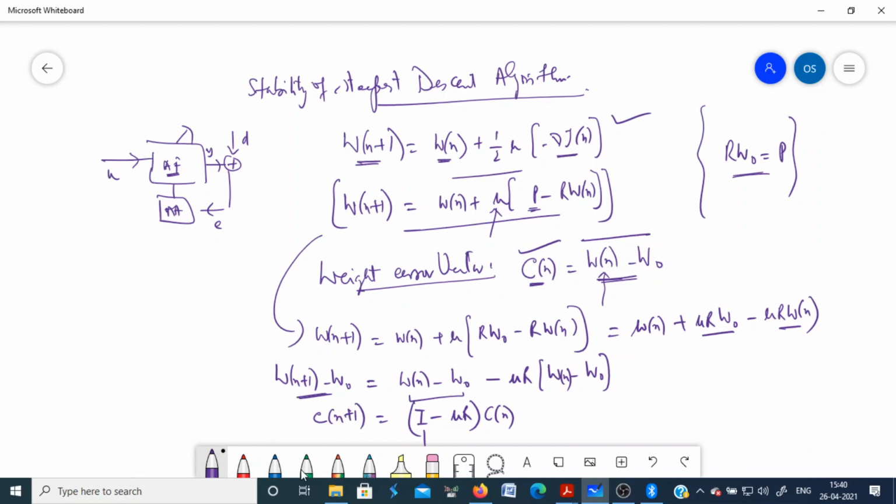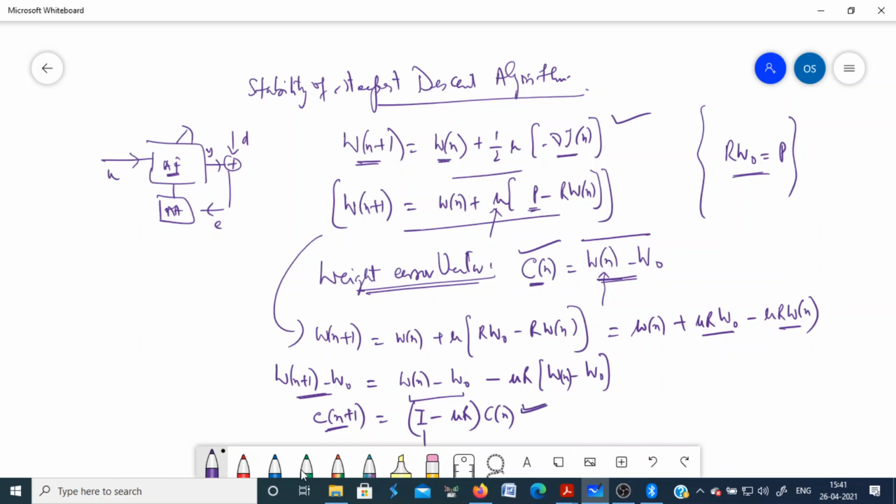So we started from a weight error vector, which is the difference between the filter weights at time n and the optimum weights. If it is Cn, then Cn plus 1 can be expressed like this.